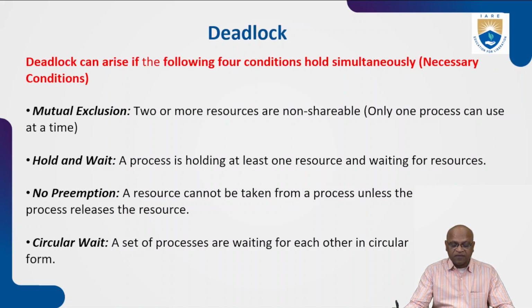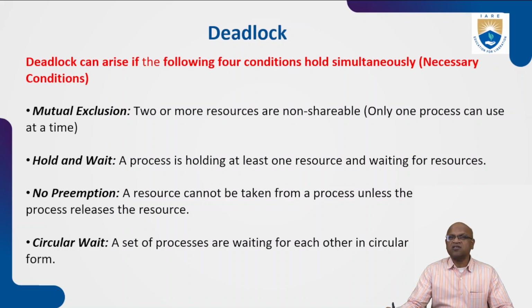Circular wait: a set of processes are waiting for each other in a circular form. As in the previous example, with process 1, process 2, and process 3, process 1 is waiting for resource 2, which is held by process 2, and process 3 is waiting for the resource held by process 1. This is called circular wait.